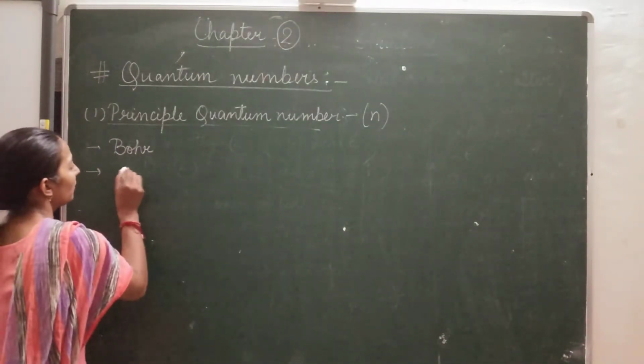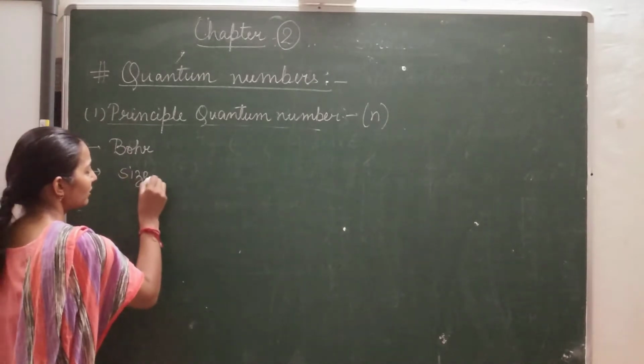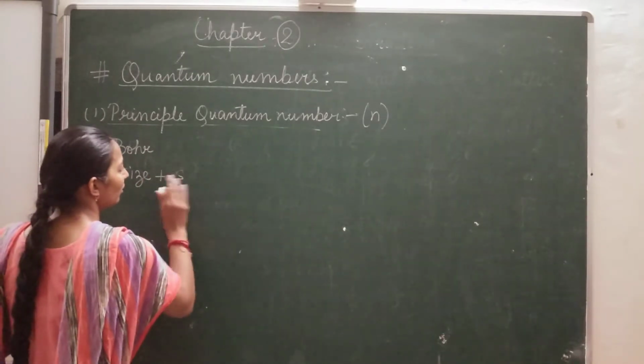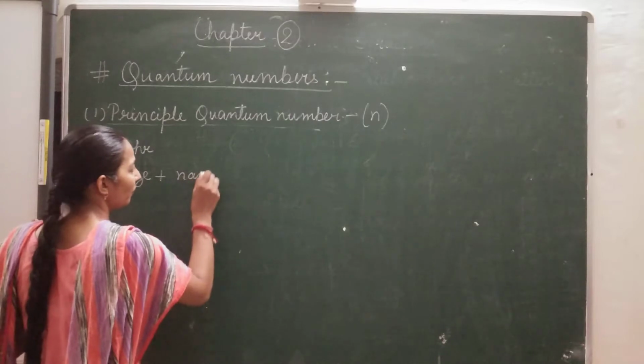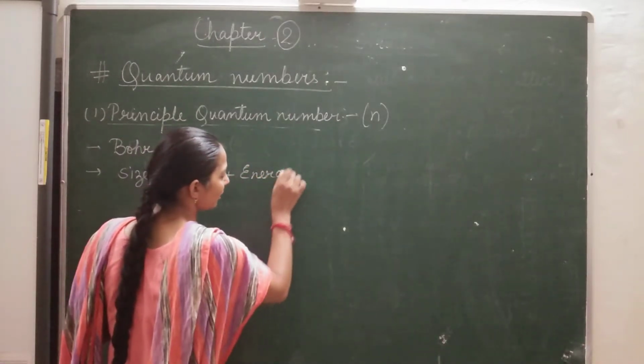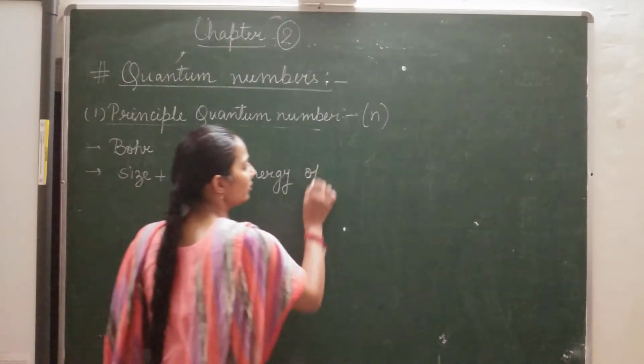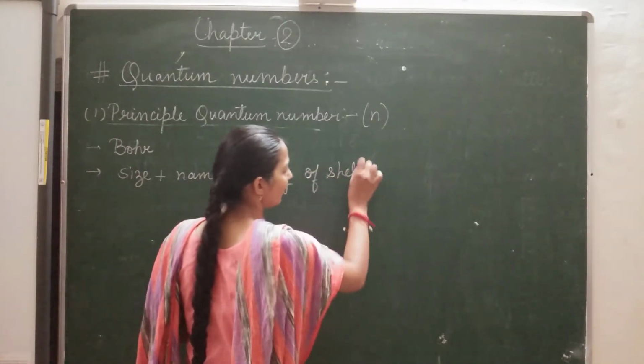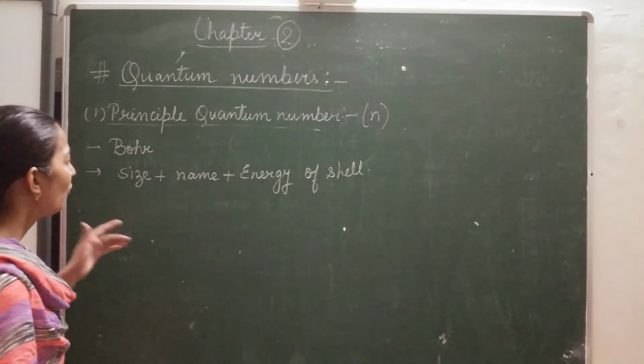So this quantum number gives us information about the size, the name, as well as the energy of a shell or orbit.